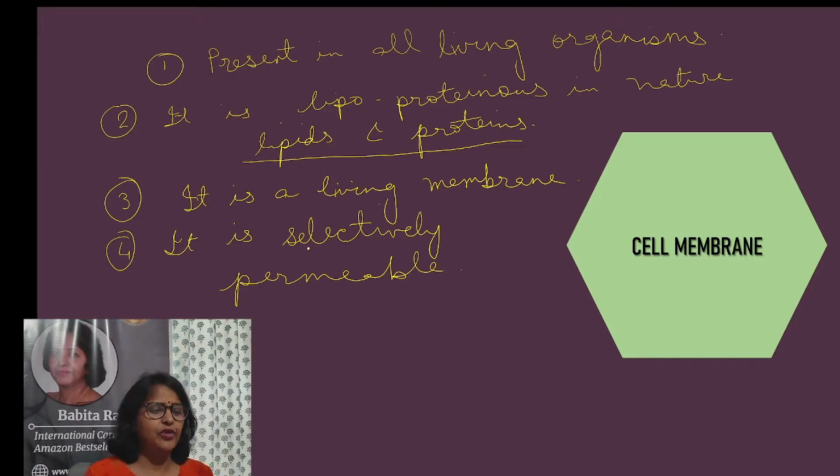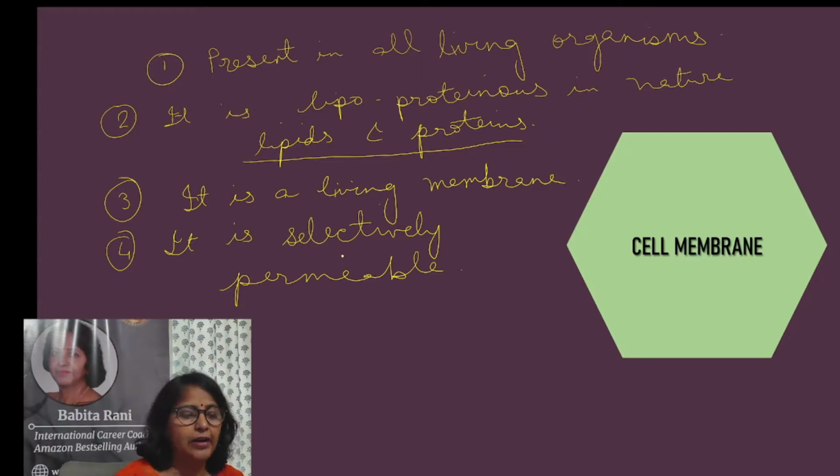Generally people confuse between semi-permeable and selectively permeable. In the world of biology, we generally use this term selectively permeable. What is the difference between the two? Semi-permeable membrane allows movement of only one solvent.